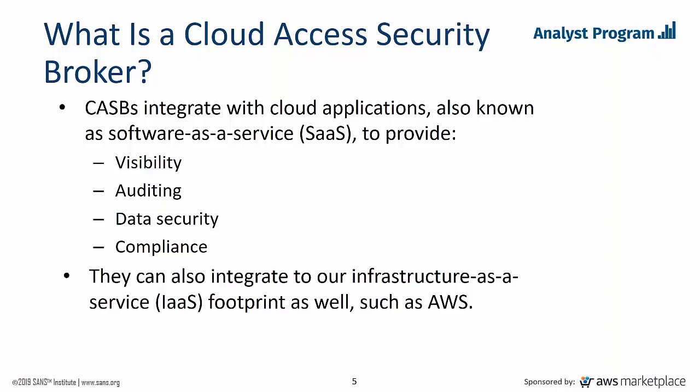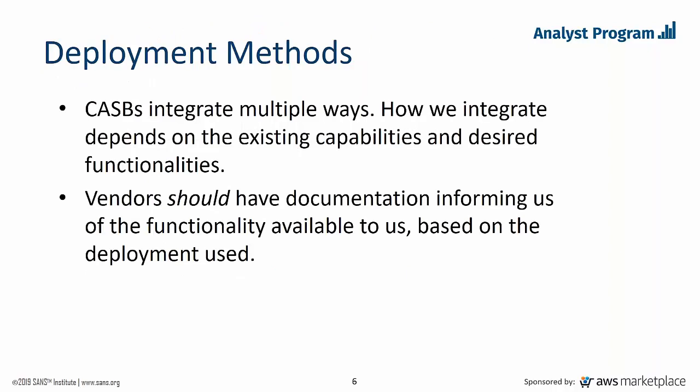So these are the common themes within a CASB solution that we will see, and we want to understand what it can do for us and what we can do to achieve a better state of security when we move to modern technologies.